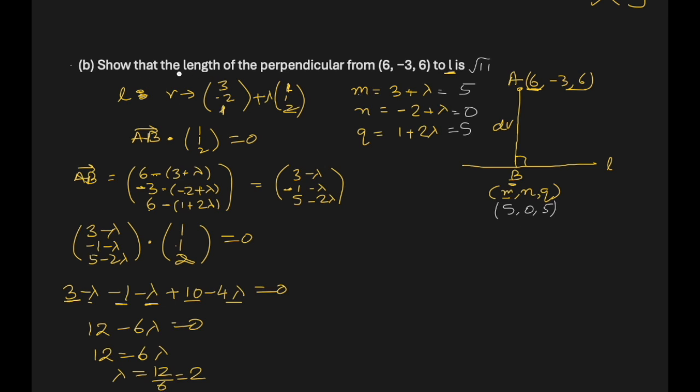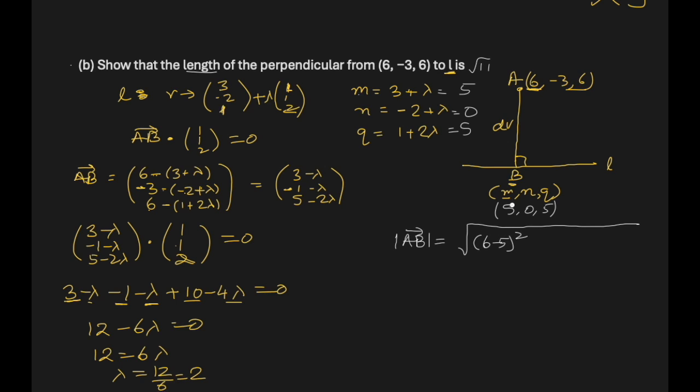Now our question was to find the length of the perpendicular. That means we have to find the length of vector AB. Okay, and we'll use the distance formula for this. So 6 minus 5 squared.